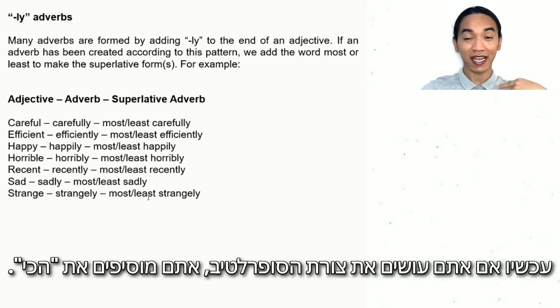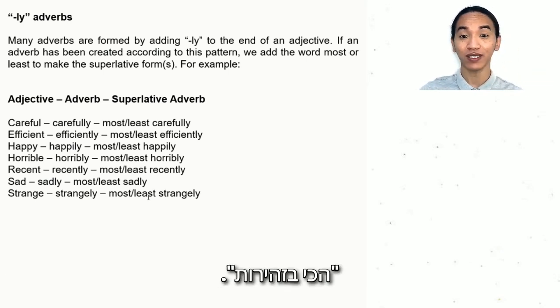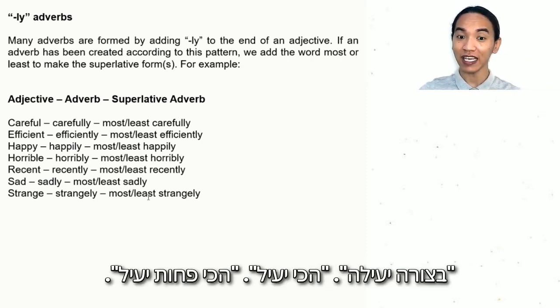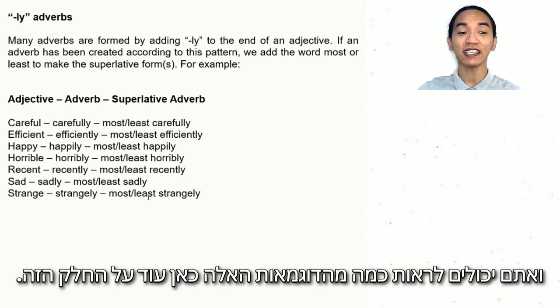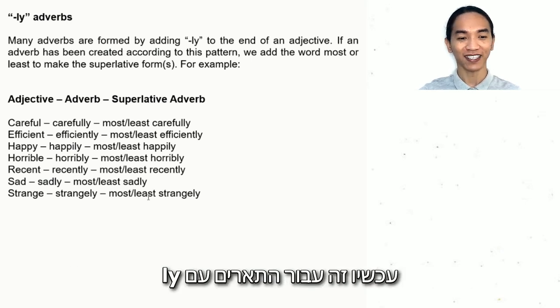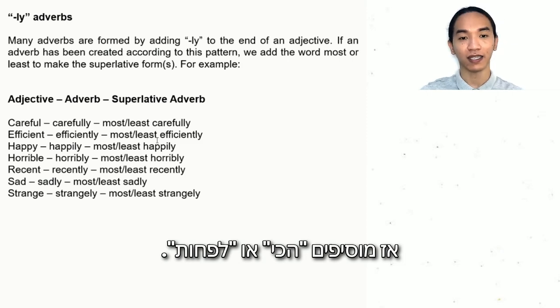Now you make the superlative form, you add most, okay? Or least. Most carefully, least carefully. Efficiently, most efficiently, least efficiently. All right? And you can see some of those examples here, okay? Now, this is for the adverbs with ly. So add most or least.